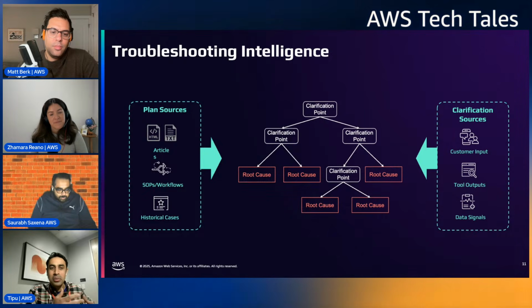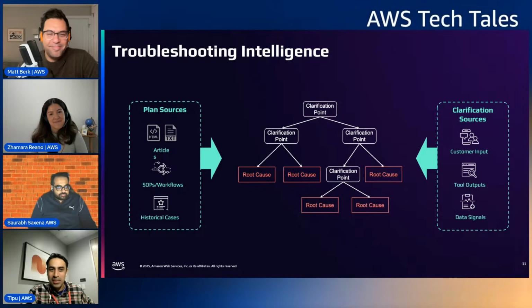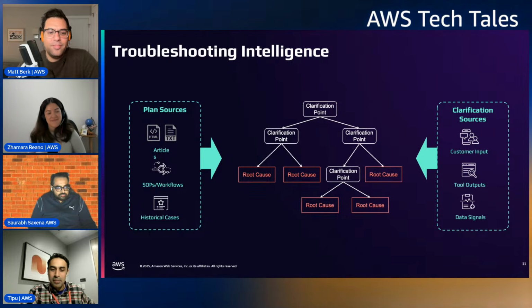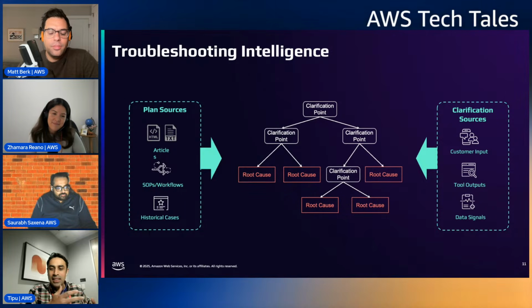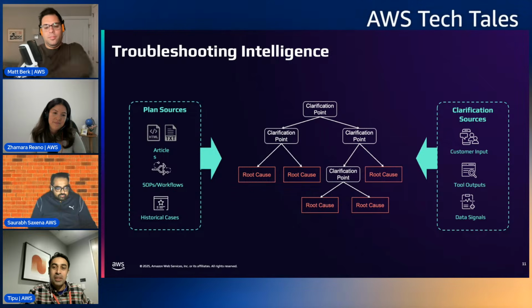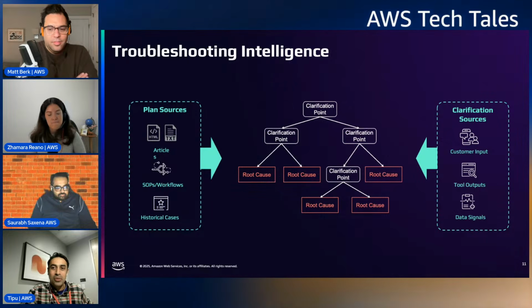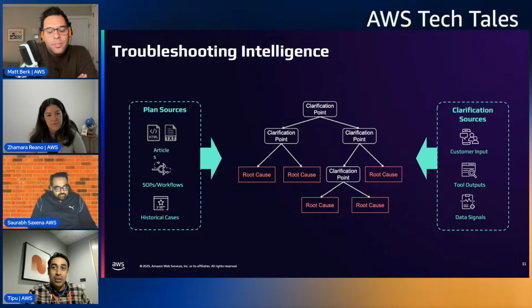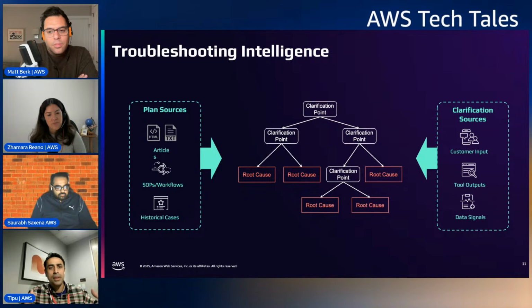Something like my Glue job is stuck, or I can't establish high performance connectivity between point A and point B. There are so many symptoms and root causes that map, and intermediate steps that come in. So for that, we used the data sources available to us from all our knowledge and experience of helping customers for decades now, and also just internally operating these services.